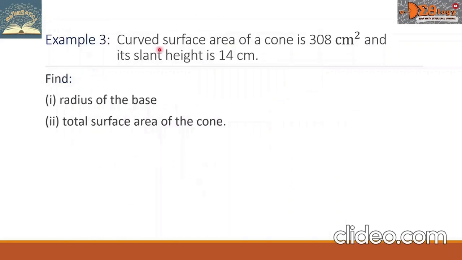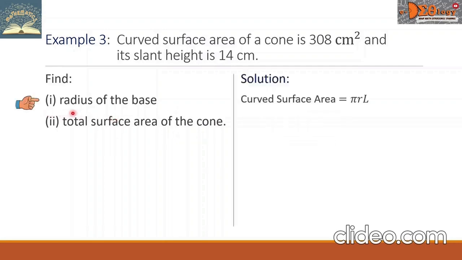Example 3. Curved surface area of a cone is 308 square centimeters and its slant height is 14 centimeters. Find, number 1, the radius of the base. Second, the total surface area of the cone. Let's begin with the first problem.